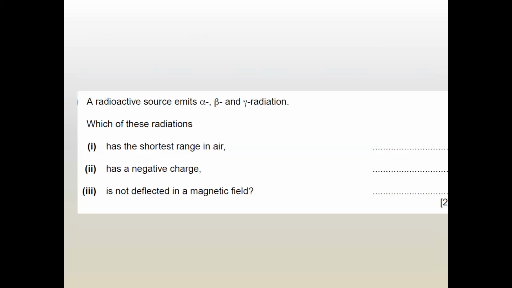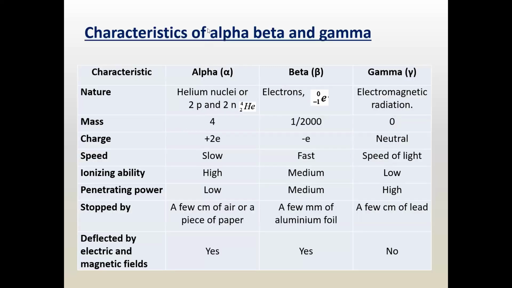For example, a radioactive source emits alpha, beta, and gamma. Which of these radiations has a short range in air, like can travel a short distance? Is it alpha, beta, or gamma? In the previous table, which has the short travel distance?